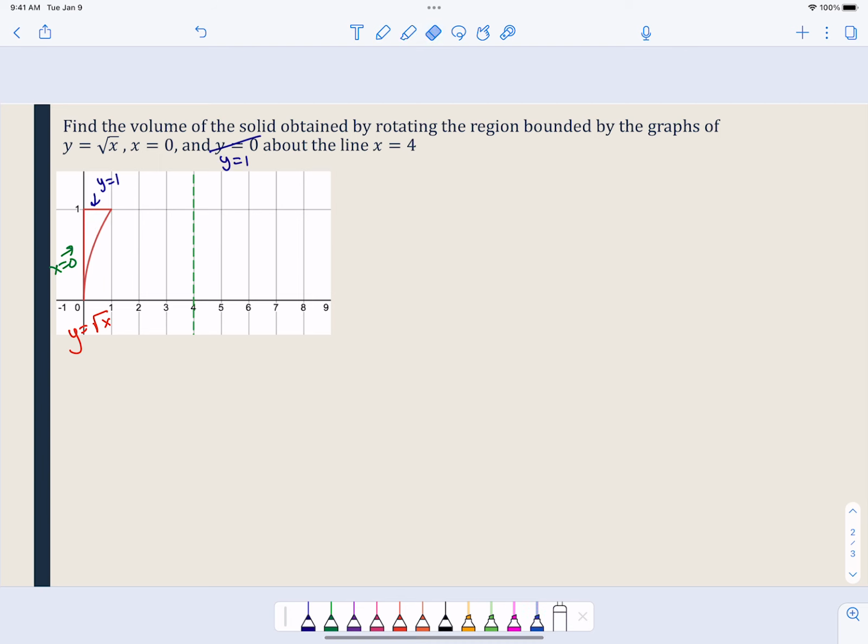I'm going to erase so we don't have too much stuff on here. Again, like we have been doing, I'm going to reflect those graphs across our axis. And that creates this circular region here. And again, we have a hole.